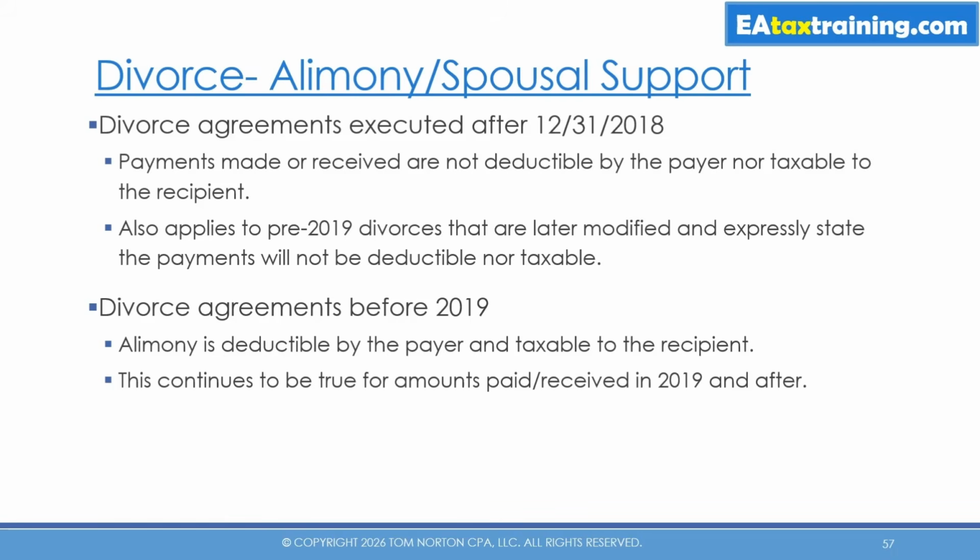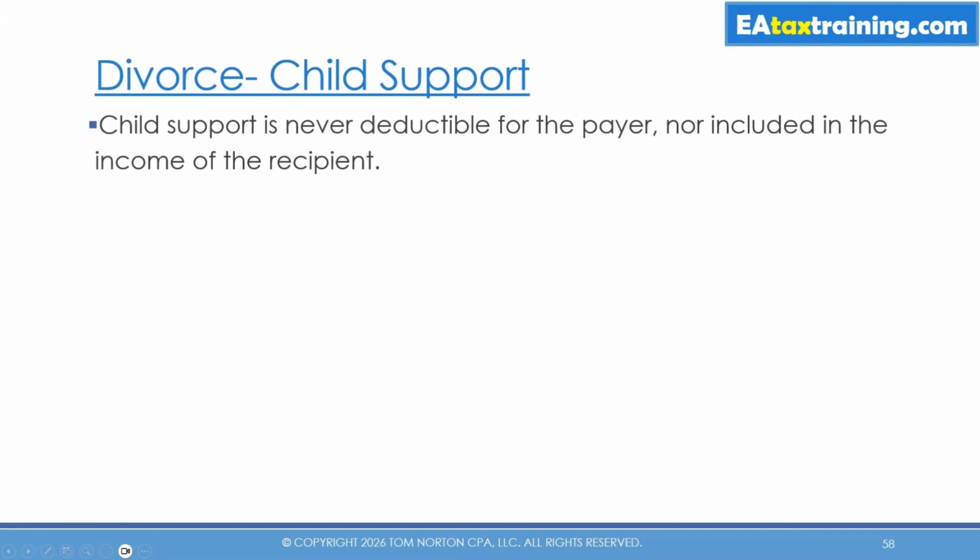If it is a divorce in 2019 or later, then the alimony is not deductible by the one paying it, and it is not included in the income of the one receiving it. Child support is never deductible by the payer, and it is not included in the income of the recipient. I think we have covered that enough times that you get the point.